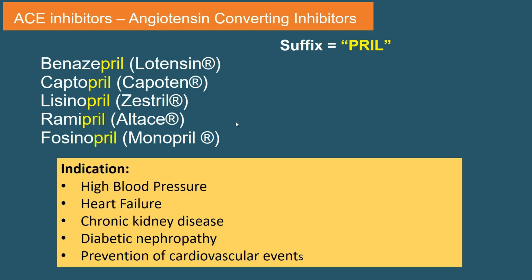Primarily, ACE inhibitors are used for high blood pressure, and they are also first line therapy for heart failure. It is also first line therapy for chronic kidney disease, also known as CKD, and for patients who have long standing diabetes with nephropathy, and also for prevention of cardiovascular events.